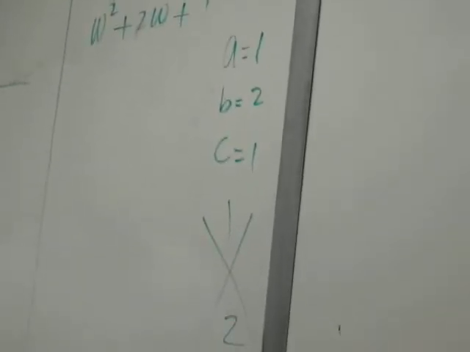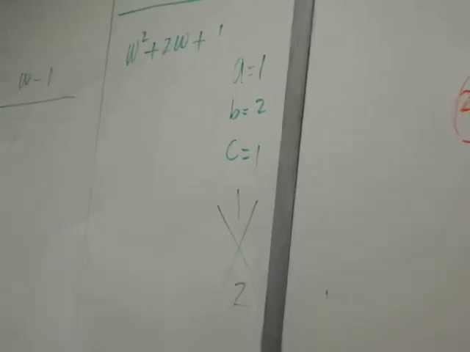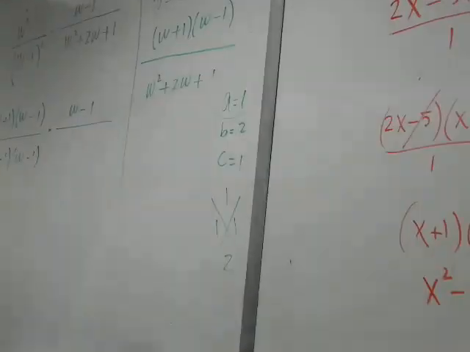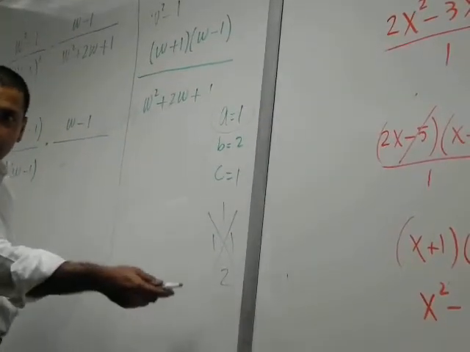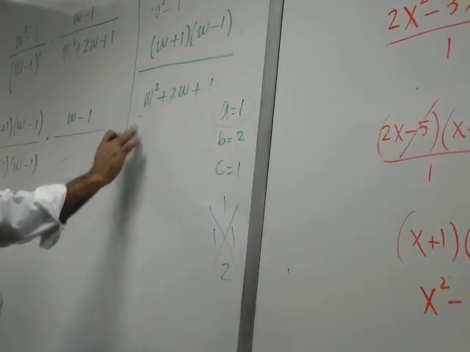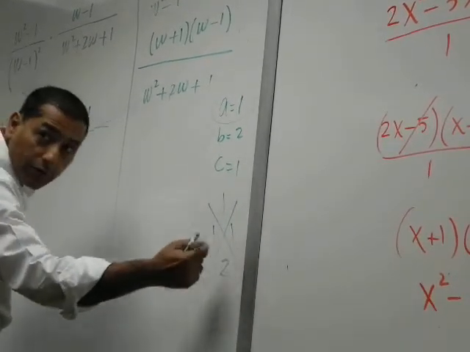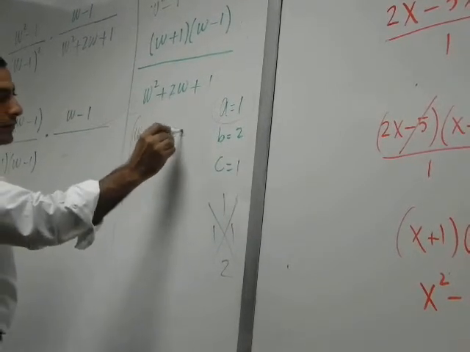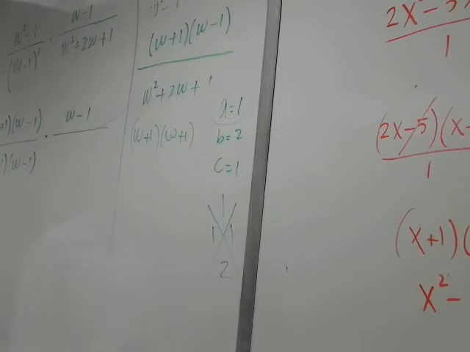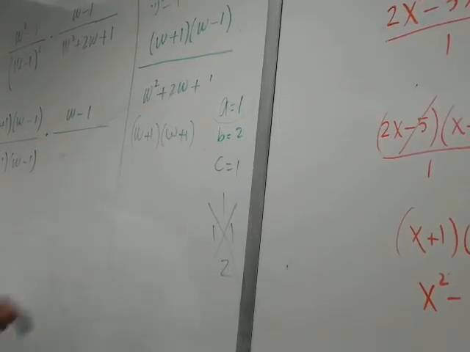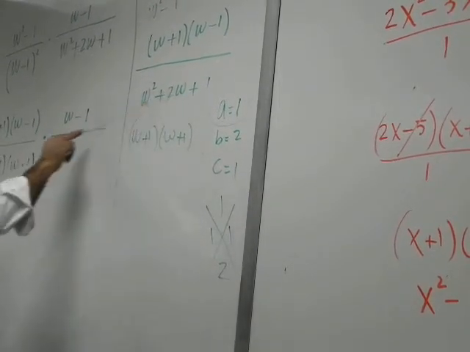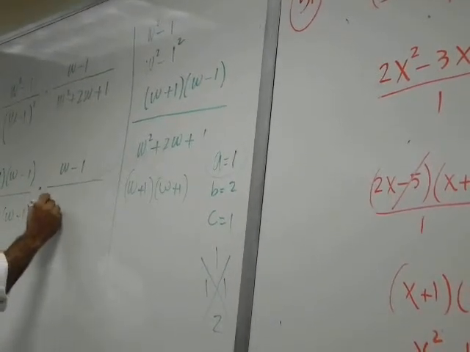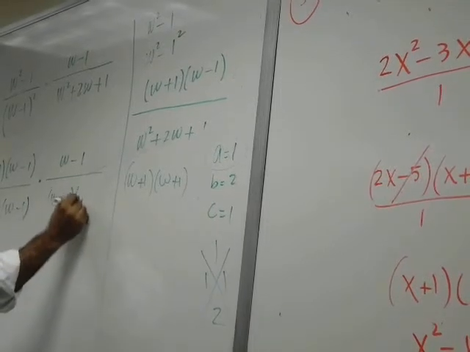What are the two numbers that multiply to 1 and add up to 2? 1 and 1. A is equal to 1, so it's going to be easier. So what are the two factors going to be? w plus 1 and another w plus 1. I've got these two factors for this trinomial, so I'm going to put them in its place: w plus 1 times w plus 1.